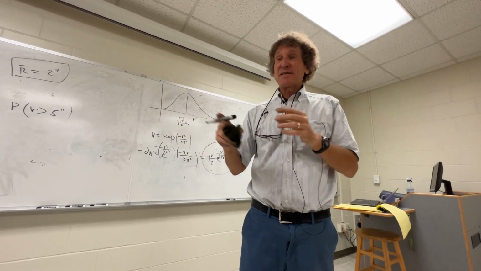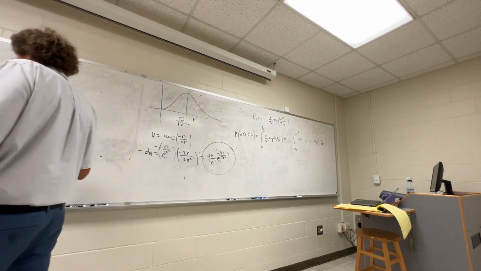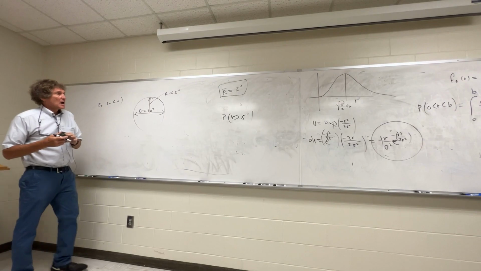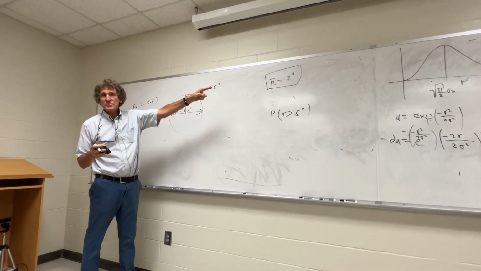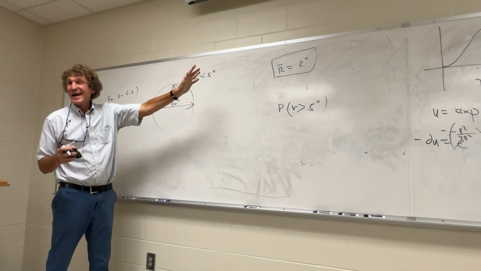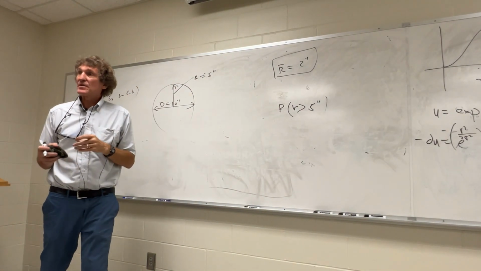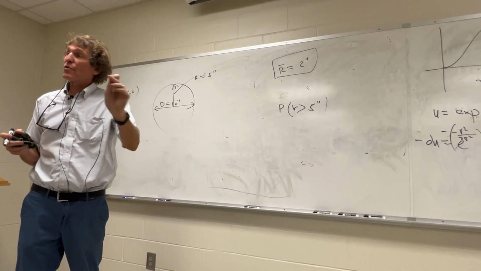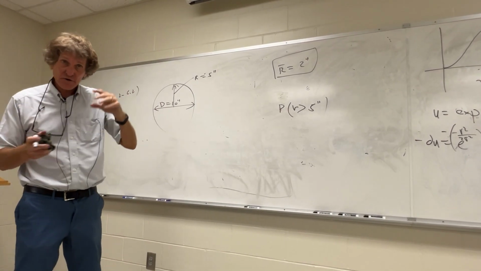Now, getting back to this problem, he gives us the mean, he says the average is 2 inches, right? That 2 inches has nothing to do, well, it does have something. It's not X or Y's mean. That is R's mean.